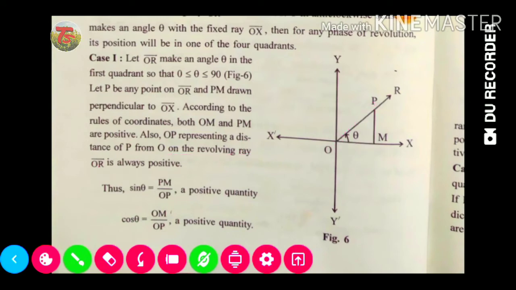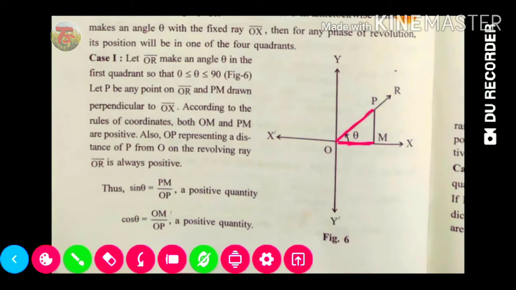Thus, sin theta, we know this one. Sin theta means the side opposite to the angle, what is it? Perpendicular, this PM, divided by the hypotenuse OP. Both are positive, so it will be a positive quantity. Cos theta, we know, is the side adjacent to theta, that means the base OM, divided by the hypotenuse OP.